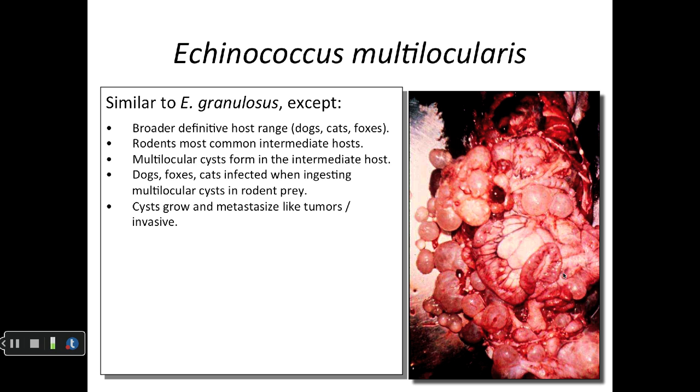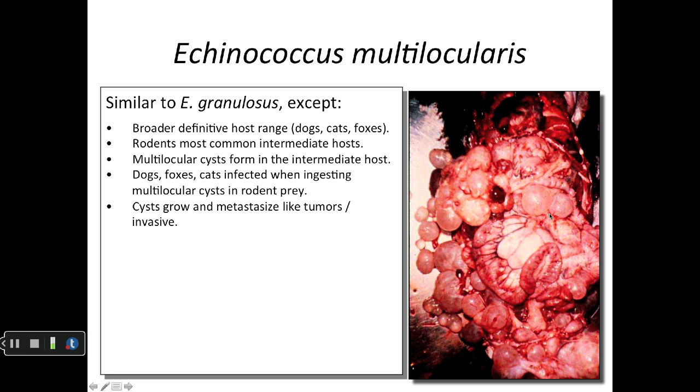A related species is Echinococcus multilocularis. It's similar to Echinococcus granulosus, except there is a broader definitive host range, so it can infect dogs, cats, foxes, and other carnivores. Rodents are the most common intermediate host in this life cycle, and the larval stage is the multilocular hydatid cyst.